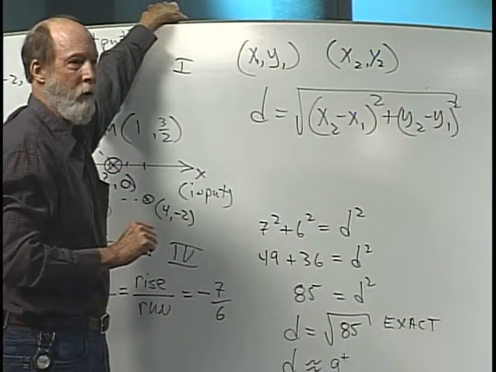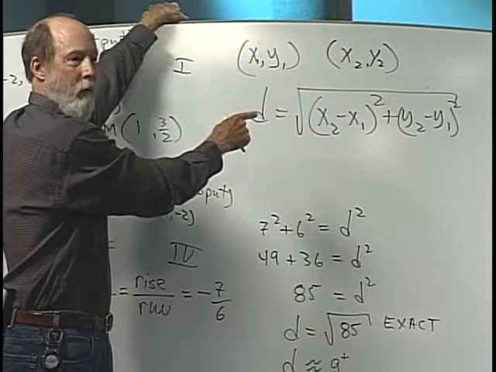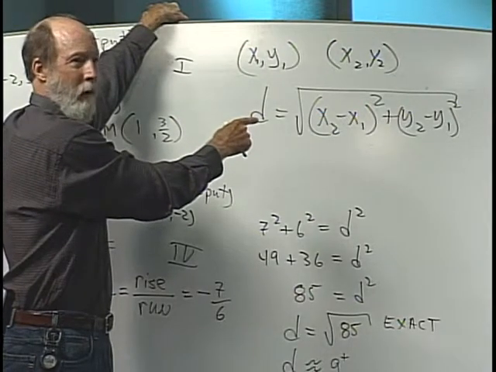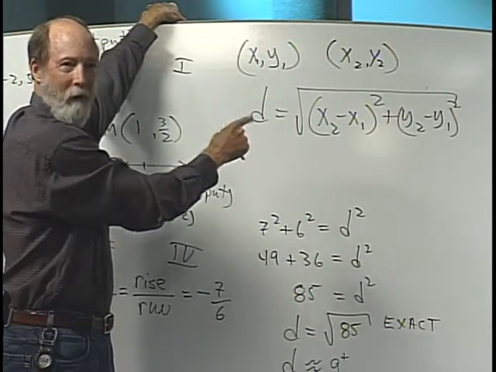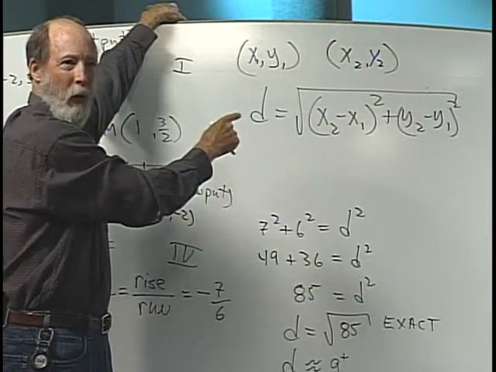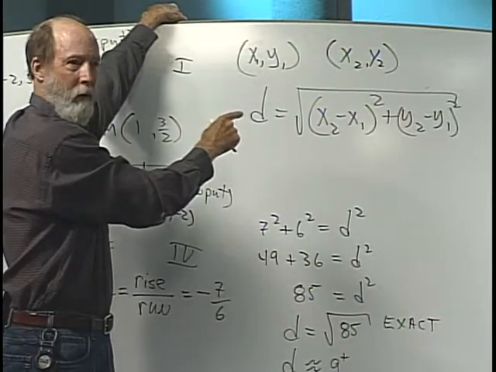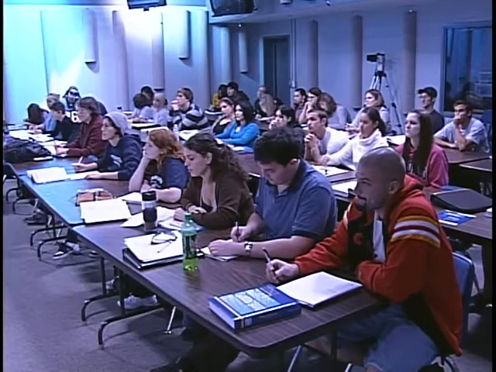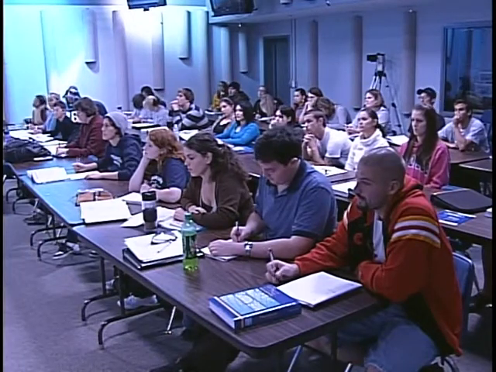A suggestion: don't memorize this. Now that's rare when a math instructor says don't memorize it, right? Okay. Why am I suggesting you don't memorize it? You are less likely to make a mistake.